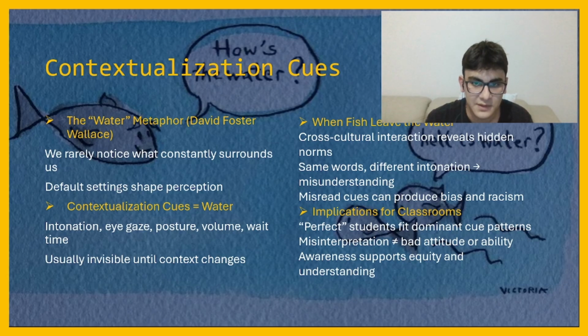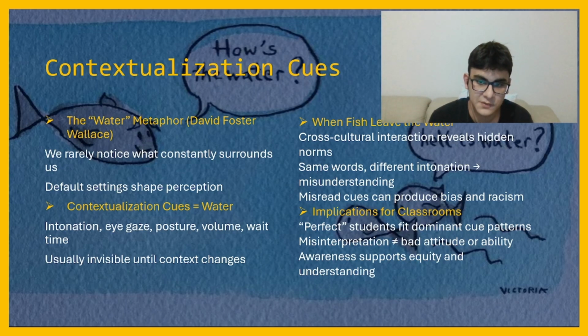And when the fish leave water, this is kind of like a cross-cultural interaction where we see the norms in the environment that we are in. We use the same words with different intonation to alleviate misunderstanding. We might misread cues that can produce bias and racism. These are what causes those misunderstandings, and understanding each other in an environment is important to prevent these.